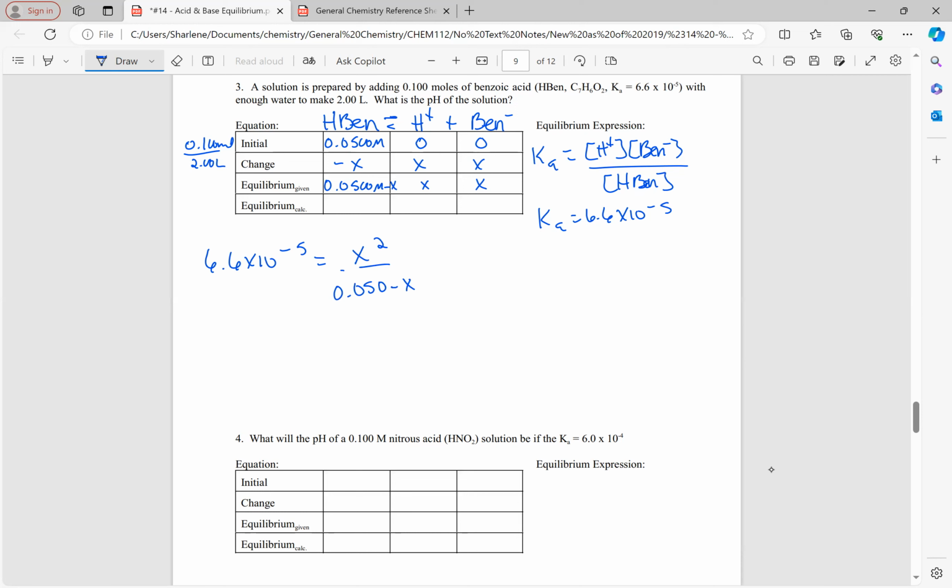I'm going to use my assumption. X is going to be 6.6 times 10 to the minus fifth times the 0.05, and then take the square root of that.